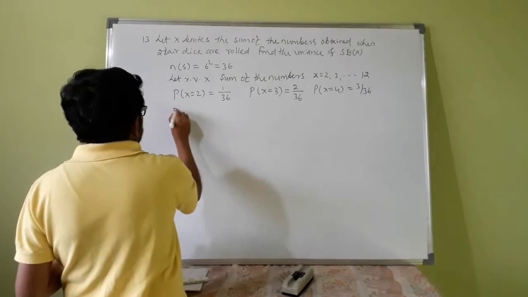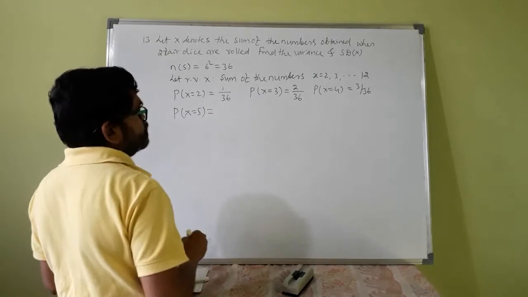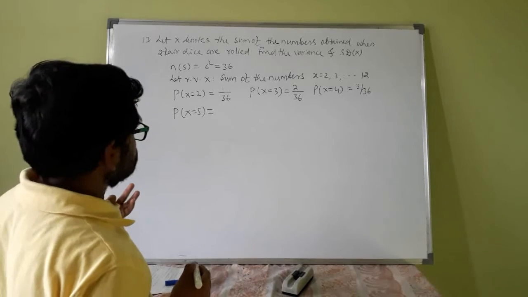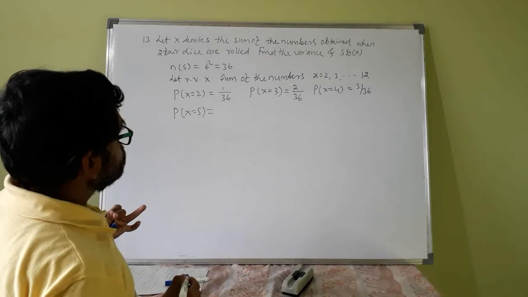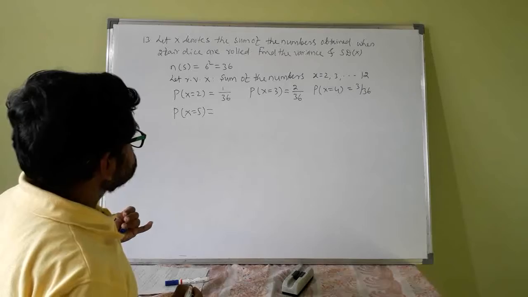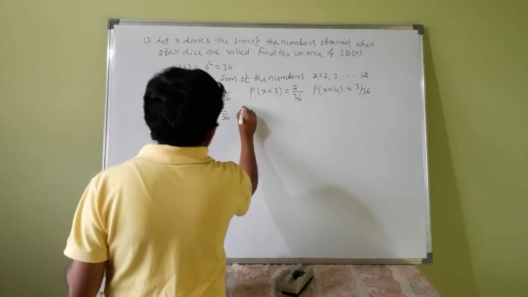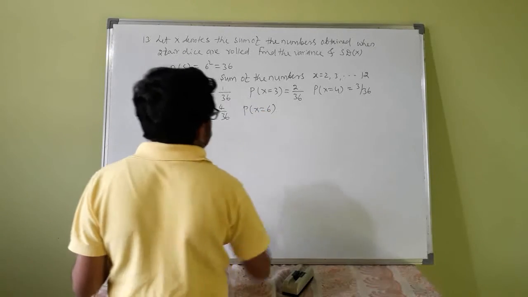Probability of X equal to 5. This is 1 4, 2 3, 3 2 and 4 1. 4 by 36. Probability of X equal to 6.